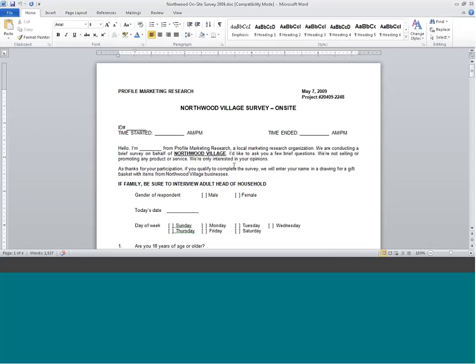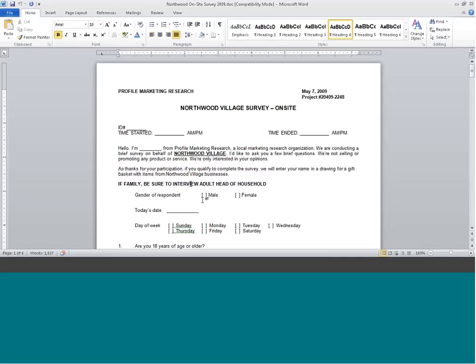Probably they're not anonymous because they're putting their name in a drawing for a gift basket. So it could be that later they're going to use those names to contact people for some other service or something, Northwood Village anyway. If they were giving anonymity, it would have to be right up front.